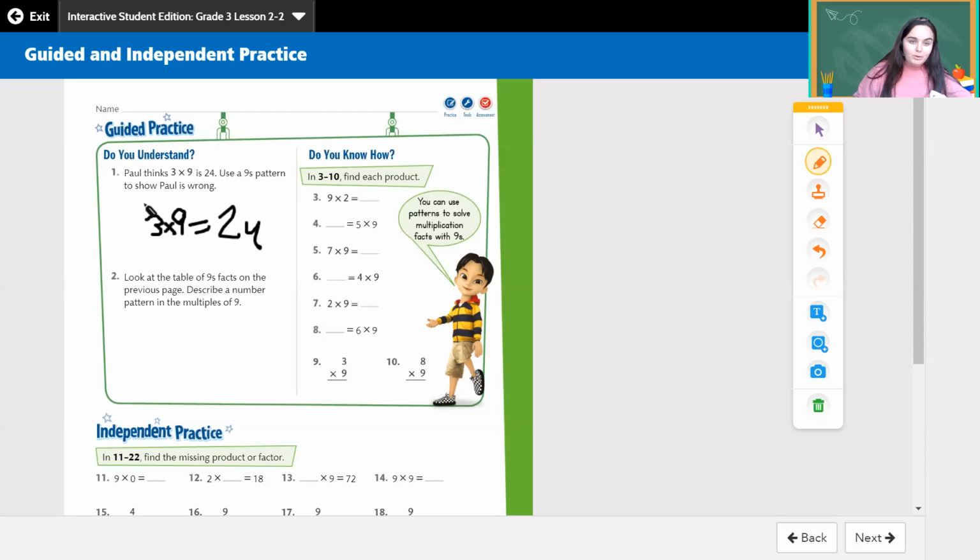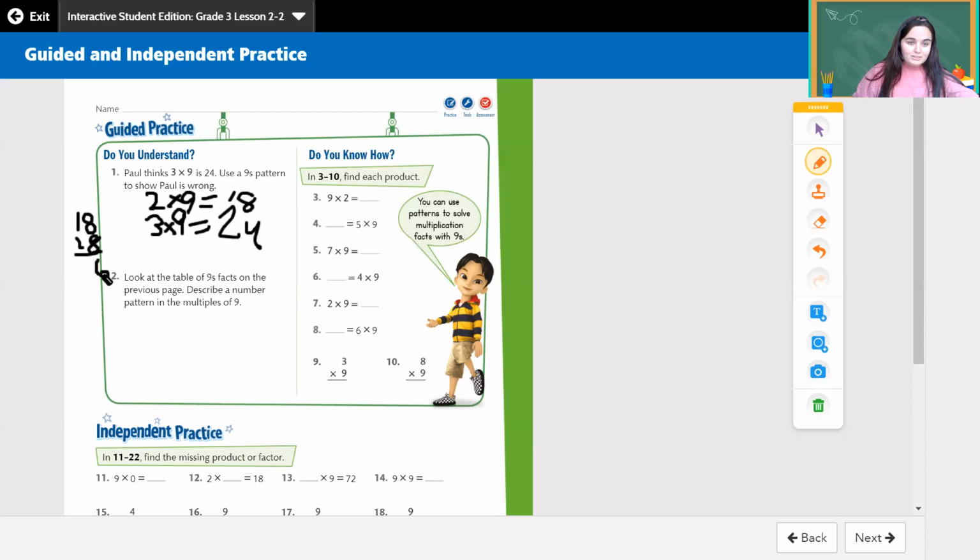We can also prove him wrong by showing him that we know what 2 times 9 is, and it's 18, right? If we already know what 2 times 9 is, 18, and we wanted to find 4 times 9, we just make the 2 times 9 twice and add them together.